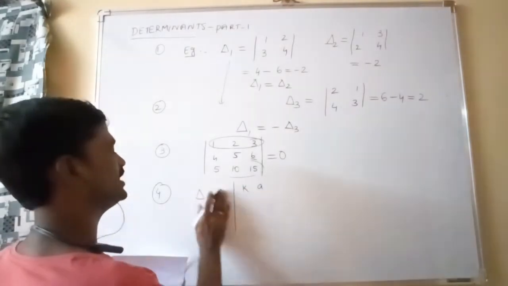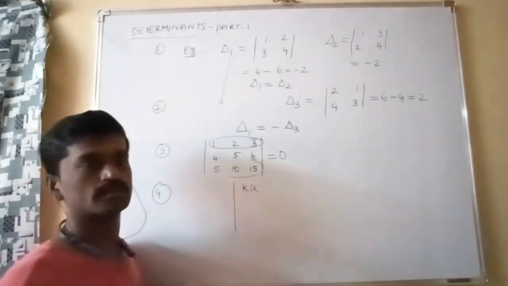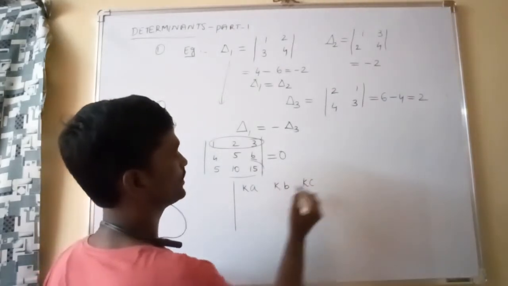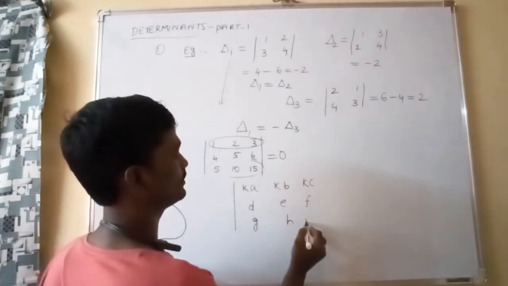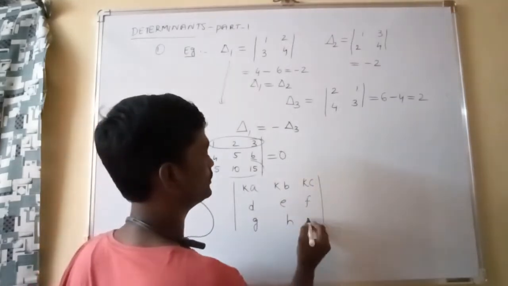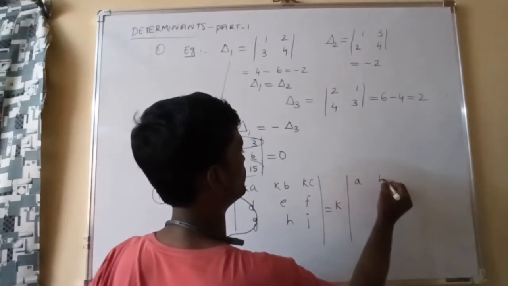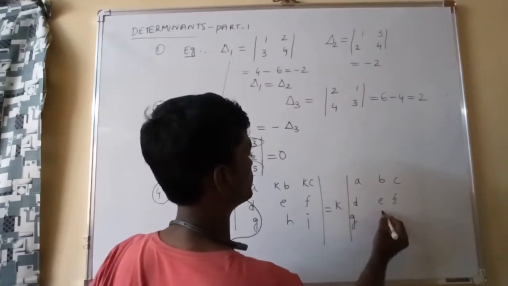The meaning of this property is, suppose the first row is ka, kb, kc, and next d, e, f, g, h, i. It is equal to k times the determinant of a, b, c, d, e, f, g, h, i.